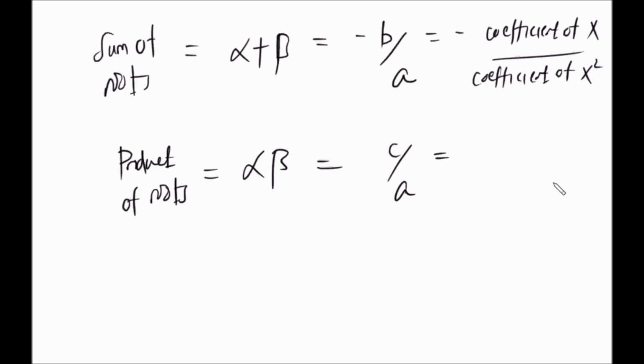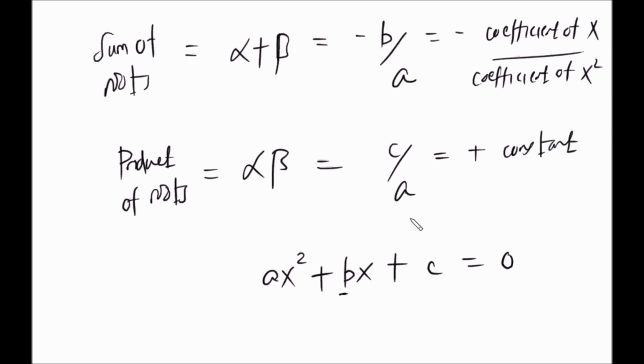And c is the constant at the end. Remember we started with this quadratic, ax squared plus bx plus c equals 0. That is why I tell you b is the coefficient of x as you see here, a is the coefficient of x squared, and c is the constant. So this is the relationship between the roots and the coefficients of a polynomial, for a quadratic.